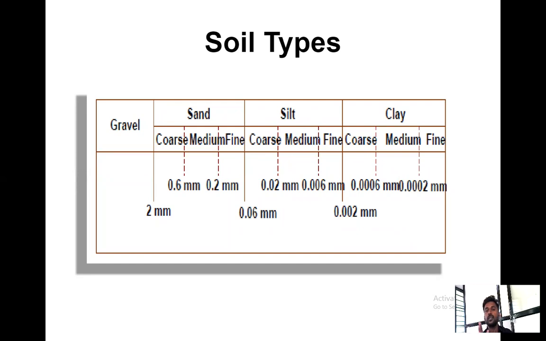There are different ranges for the aggregates. This is for the soil types. When we call the soil a gravel soil, sandy soil, silty soil, clayey soil depends on the sizes. Please draw this table.